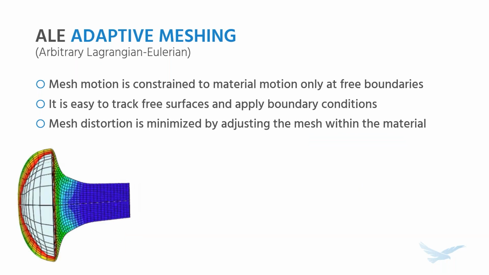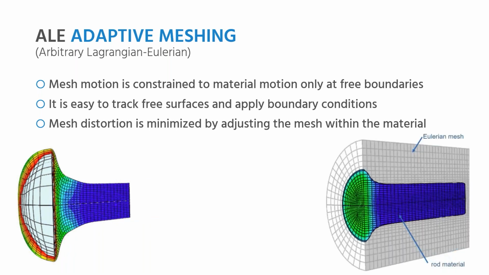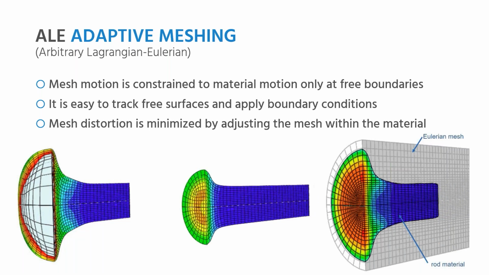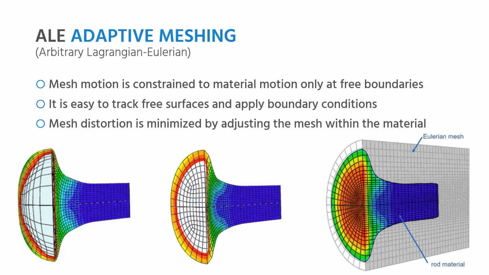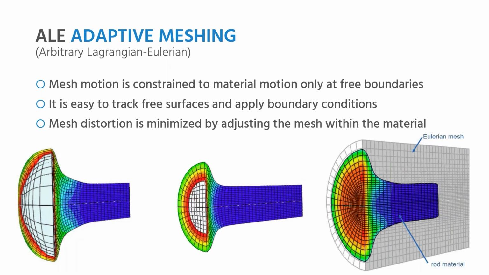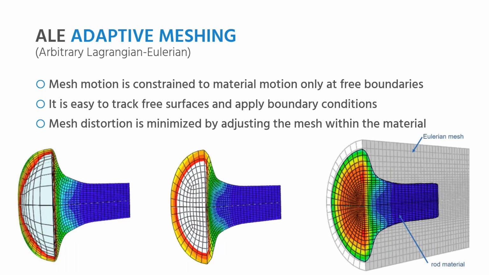If we take a look at our pipe impact, we've got the Lagrangian example, we've got the Eulerian example, and we've got ALE in the middle. You can see that the mesh is distorting a little bit. Those elements are changing shape and size, but nowhere near the same amount of distortion as we have on the left. Okay, so that's ALE, adaptive meshing, something in between the two approaches.